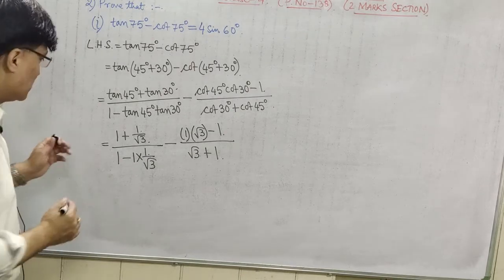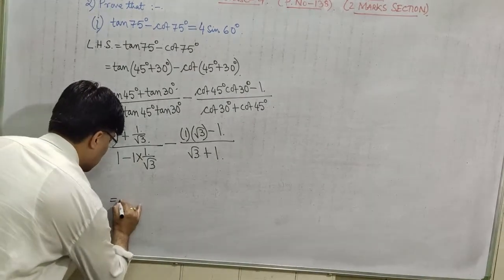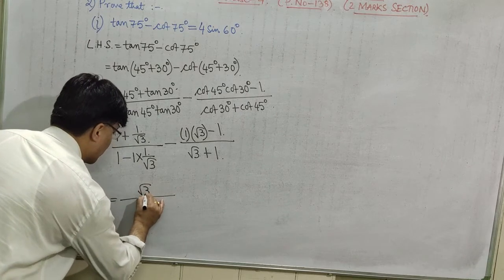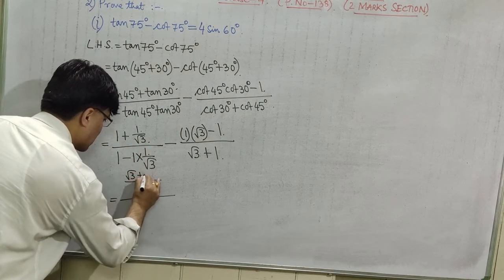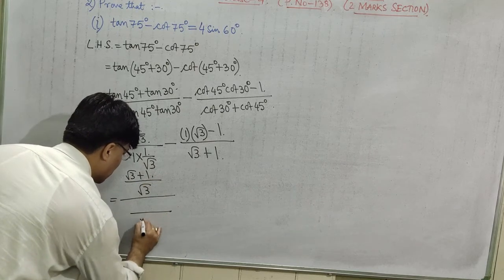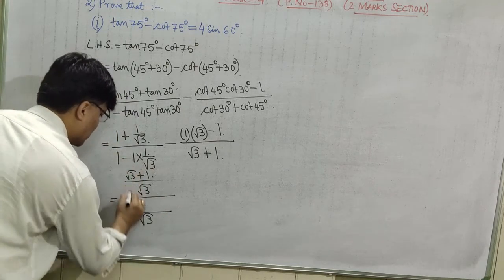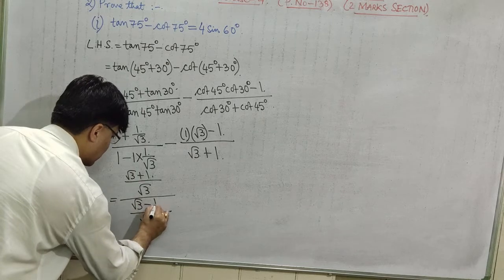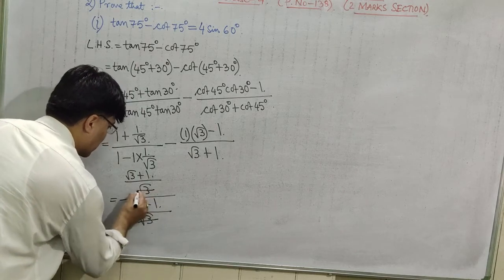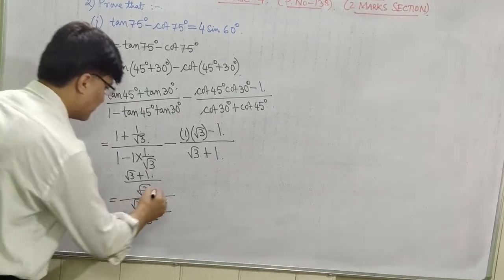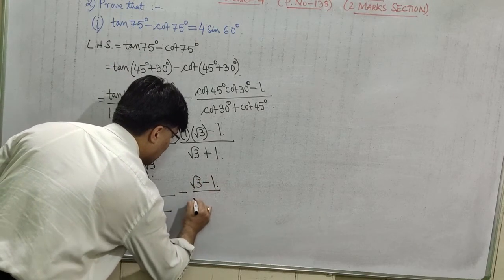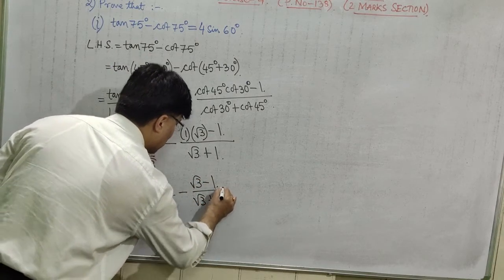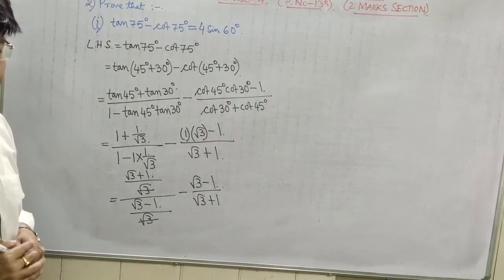Is that understood? Now in the numerator, what's the LCM? It is root 3 into 1, that is root 3 plus 1. In the denominator also, what's the LCM? Root 3. So root 3 into 1 is root 3, so this is minus 1. So here root 3 gets cancelled. Now this is 1 into root 3 minus 1 divided by root 3 plus 1.